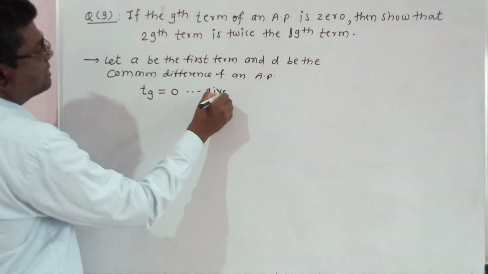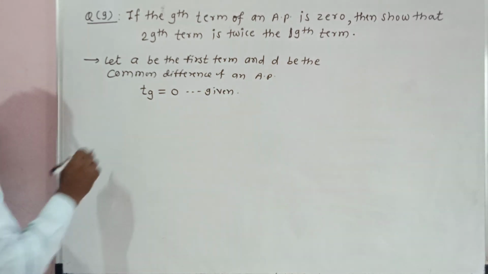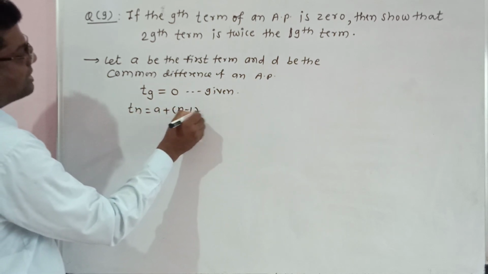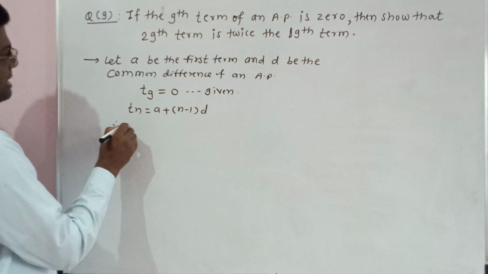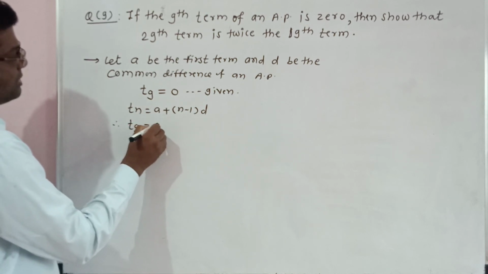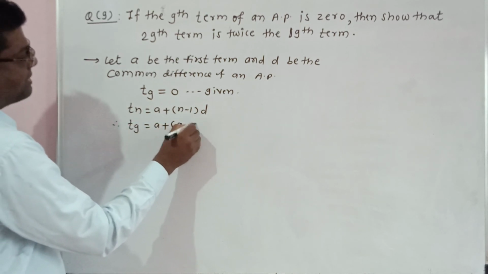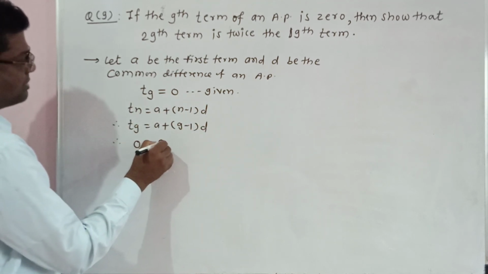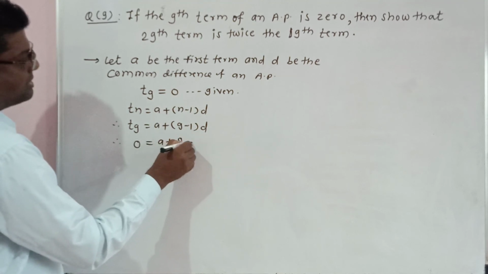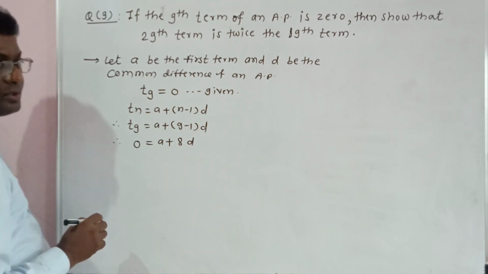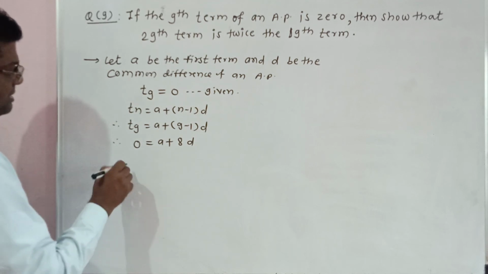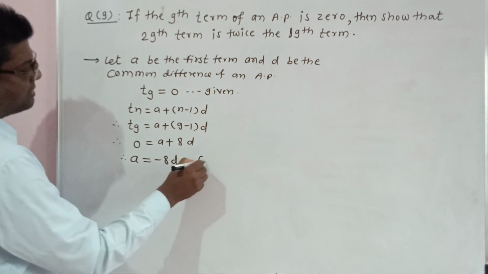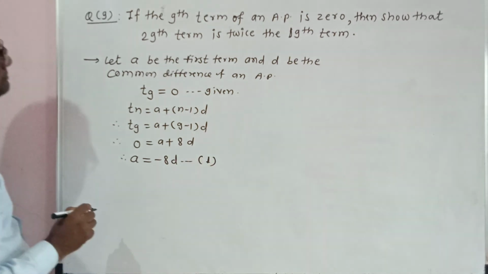This is given. Now we have formula Tn is equal to A plus n minus 1 into D. Therefore T9 is equal to A plus 9 minus 1 into D. T9 is equal to 0 is equal to A plus 9 minus 1 is 8D. Therefore 0 is equal to A plus 8D. Therefore A is equal to minus 8D. This is equation number 1.